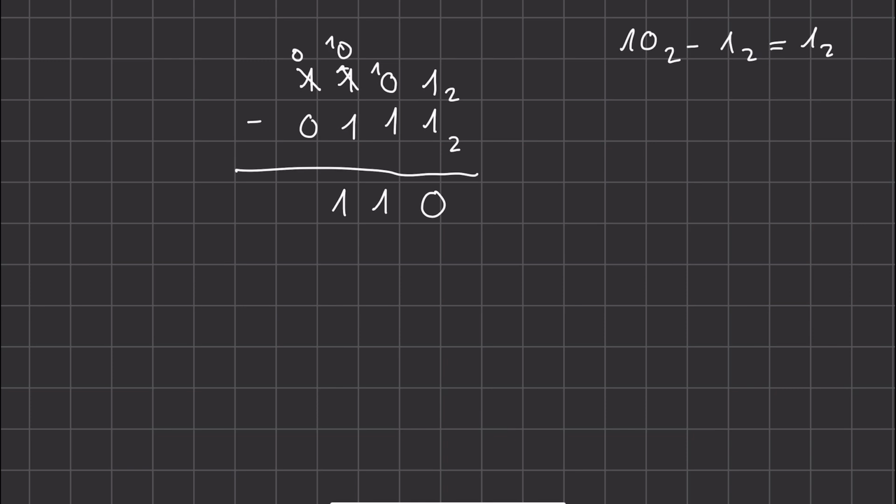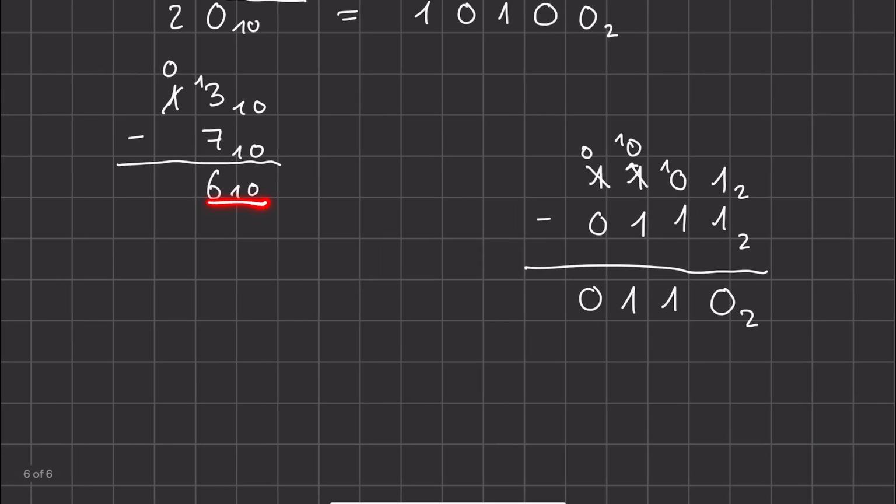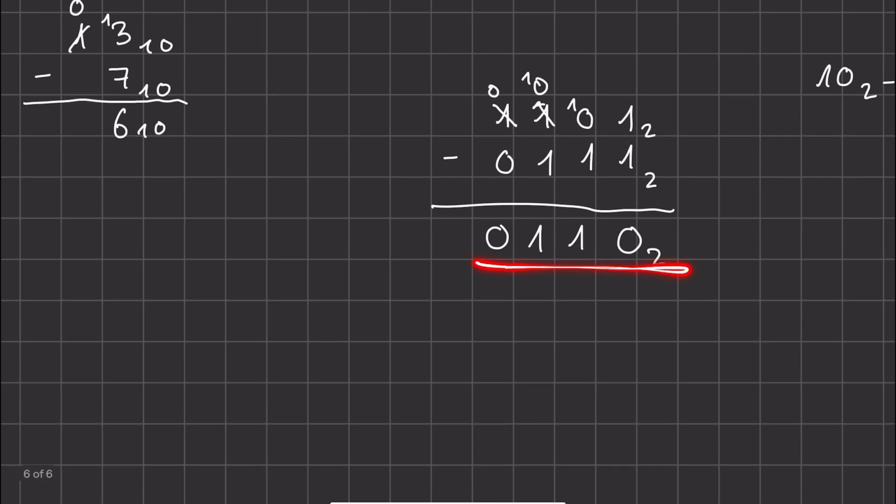For our next case, we're subtracting 0, which means that we're not taking anything away, and we can just get the value that's up here. So 0 minus 0 is just 0. So this is then our result, and this number is, if we do our conversion again, here's 1, 2, 4, 8. So it would be 4 plus 2, which is 6 in decimal representation. And then if we look up here, we see it's also 6. So the subtraction also worked.